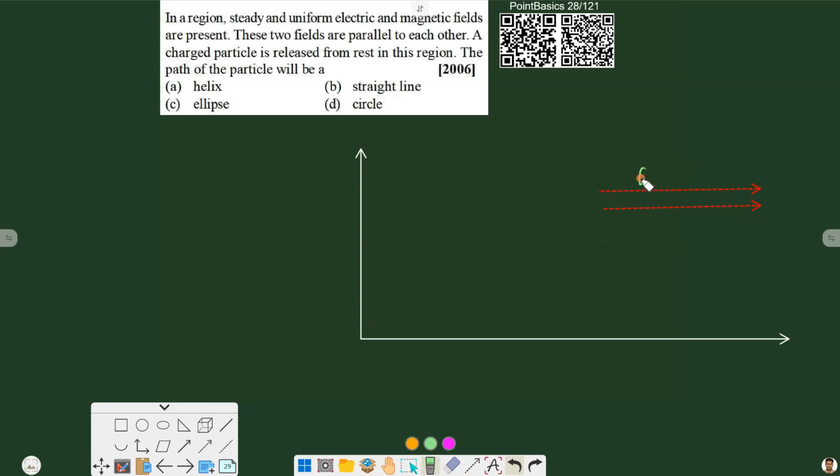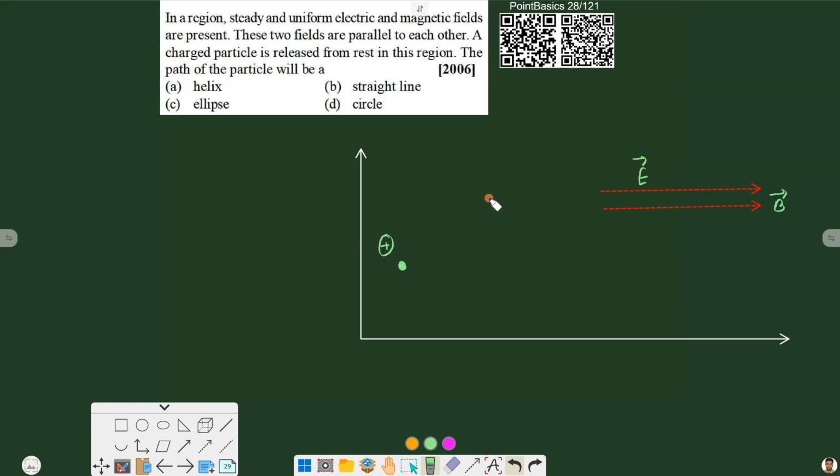So suppose this is the E vector and this is the B vector. And the charged particle is initially at rest. Suppose we release a charged particle here, and assuming that this is a positive charged particle.